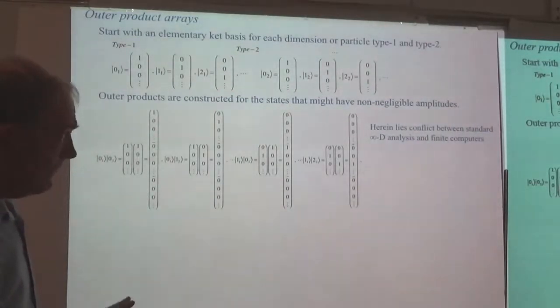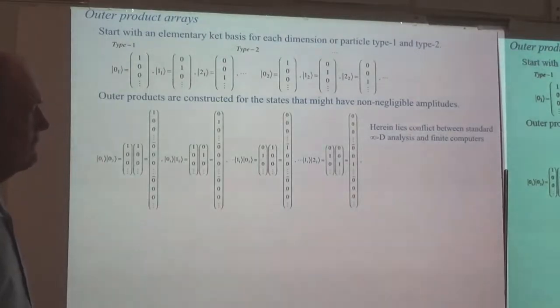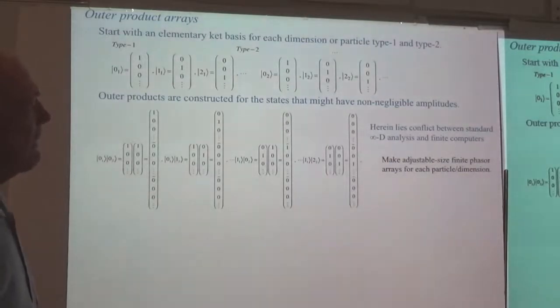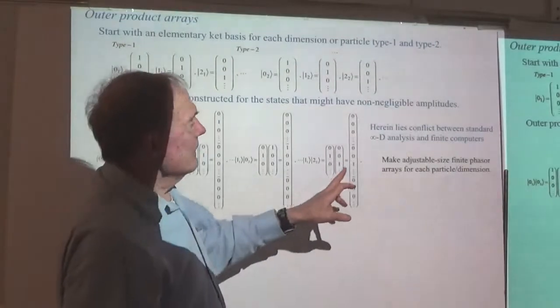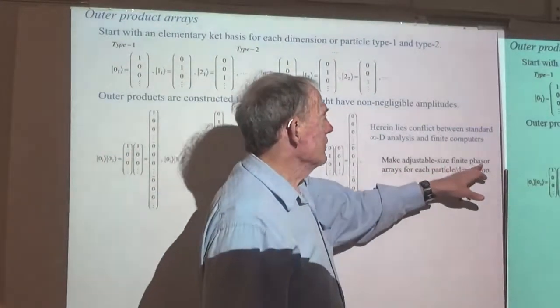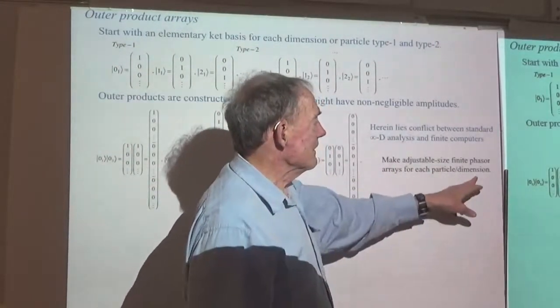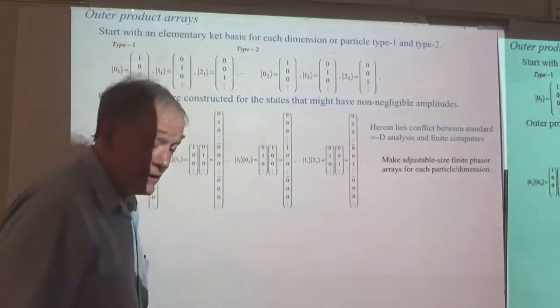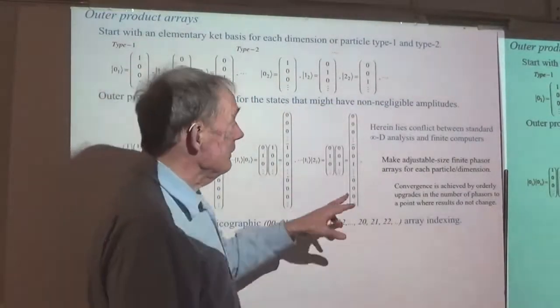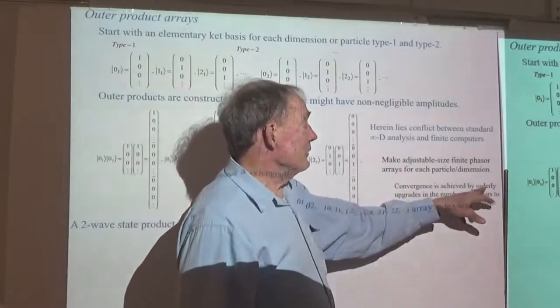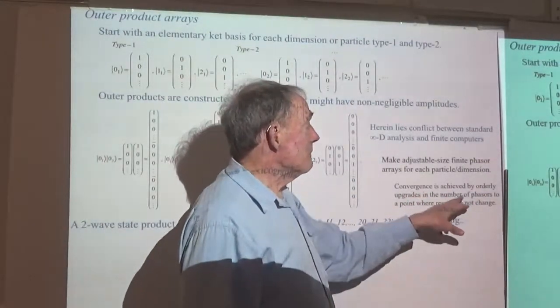Now, as I say, this is a conflict between standard infinite dimensional analysis and the finitude of computers, okay? And basically what it boils down to, very often, is you make adjustable size phasor arrays, and then you work your theory. The convergence is achieved by, as I say, orderly upgrades in the number of phasors.